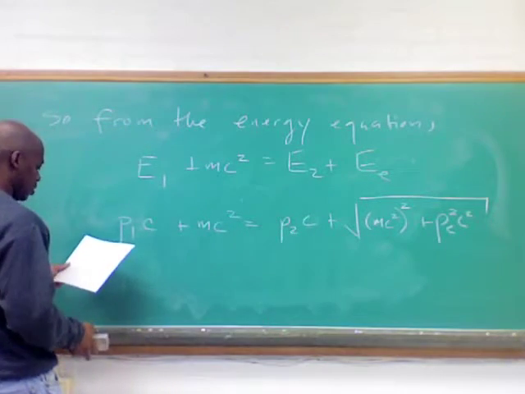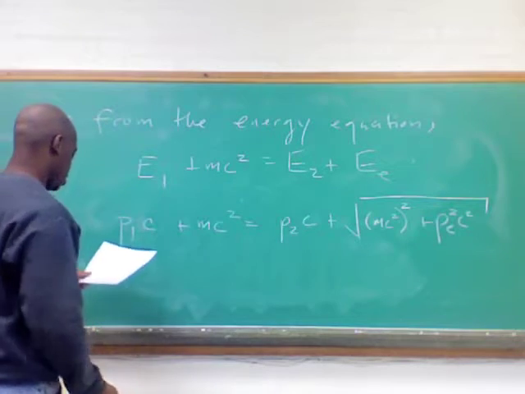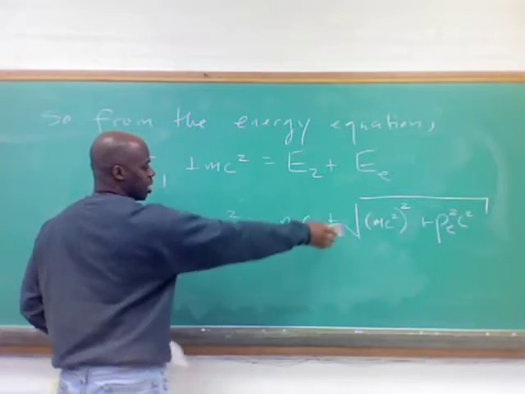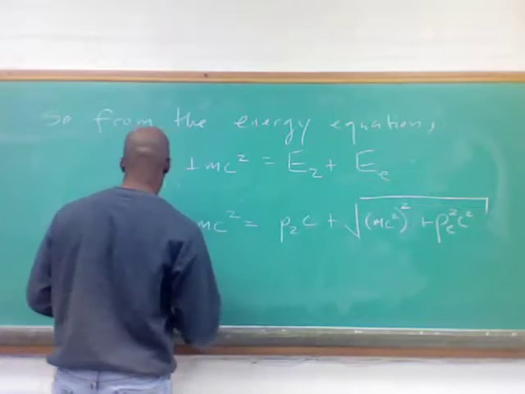So now we're just going to do some algebra on this thing. We're going to move this over to the left-hand side and square both sides, see where that gets us.